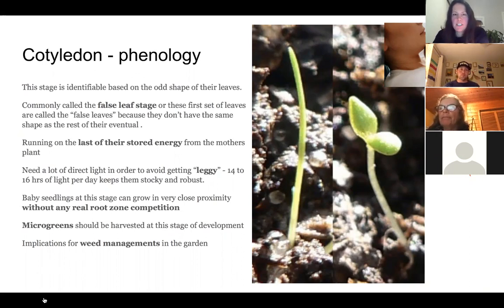We have a question in the chat here. Is that all types of plants, and can you use extra lighting? It's from Jack. Not sure if you need a little bit more context. Jack, do you want to unmute and ask your question?